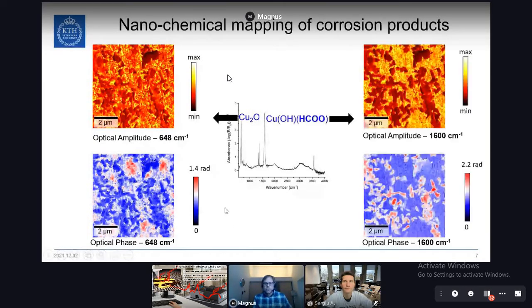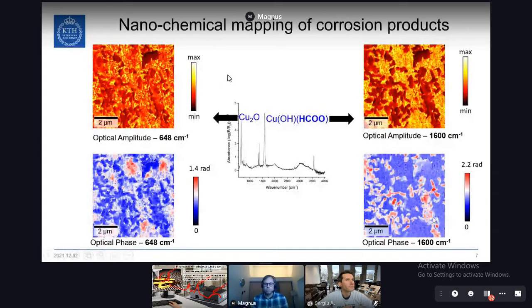And we also have, to the right, the copper hydroxyformate. Here we tune this new laser to 1600 wave numbers, where the maximum vibration is for the copper hydroxyformate. Again, we have the optical amplitude. We can see that the reflectivity is lowest at the largest particles. And we also have this optical phase image, where you again can see that the higher IR absorption is found where we have these red areas.